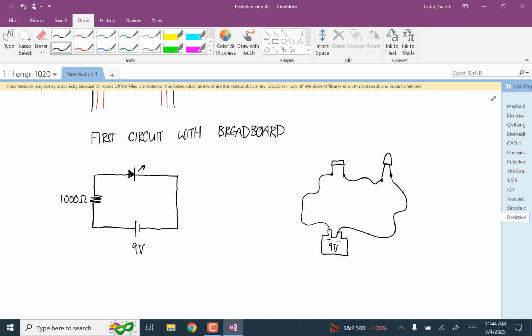Okay, so you can use these things to connect to the battery terminals, and you can use the wires and the breadboard to hook up the other devices. So see if you can figure out how to do this using the breadboard.